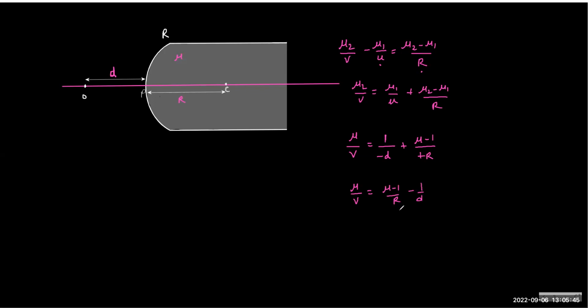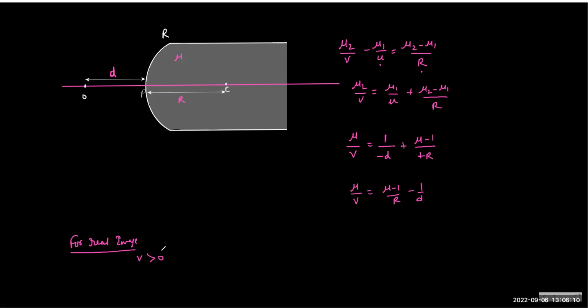So now for real image in this case, the V must be on the right side. The V must be a positive number, do you realize this?